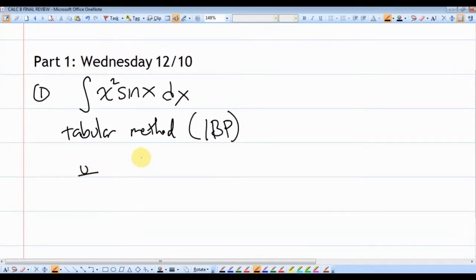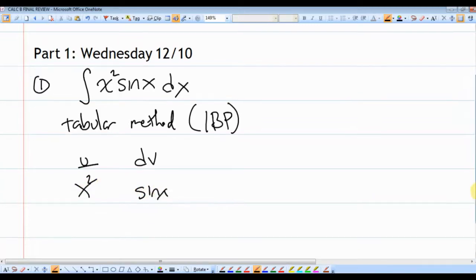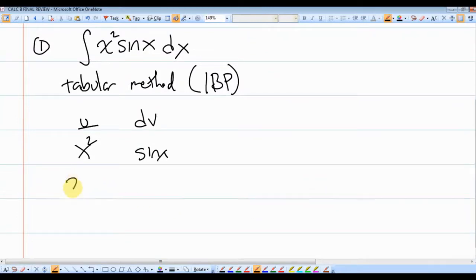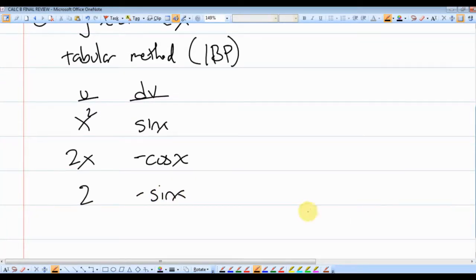So u and dv: x squared and sine x. Derivative 2x, the antiderivative of sine x is negative cosine x. Good. 2, and the antiderivative of negative cosine x is negative sine x. Then 0, and that's cosine x.